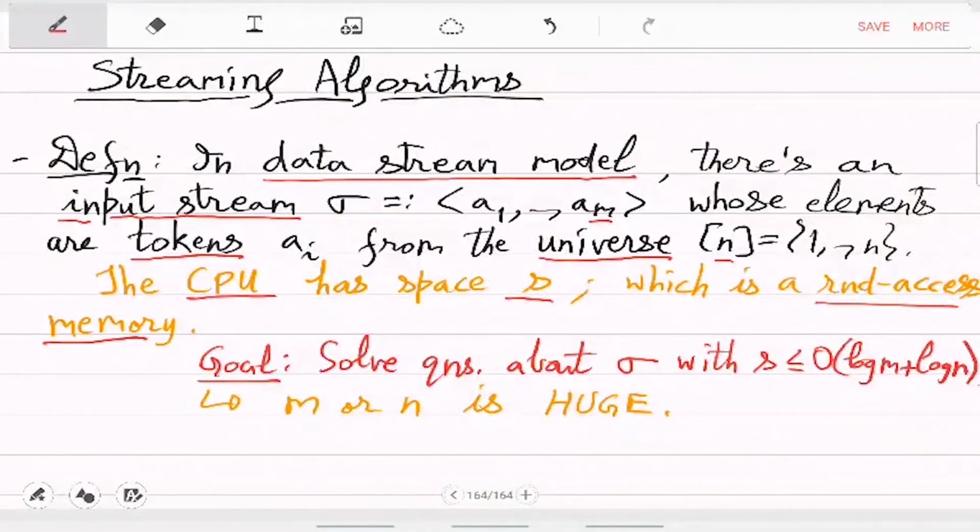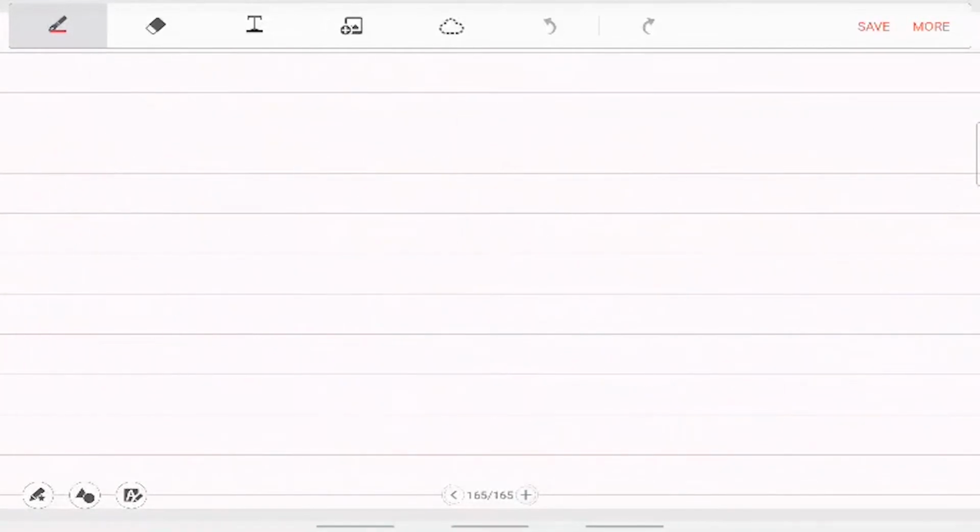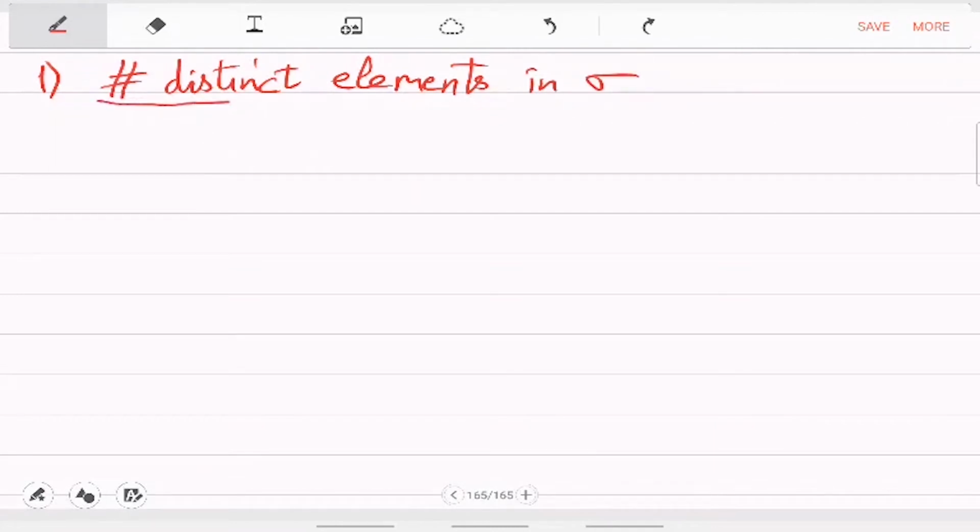We have time only for 2 questions. The first question we will solve is: what is the number of distinct elements? Computing the number of distinct elements you saw in this very long stream. Let D be that number.